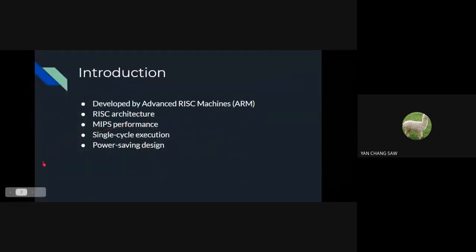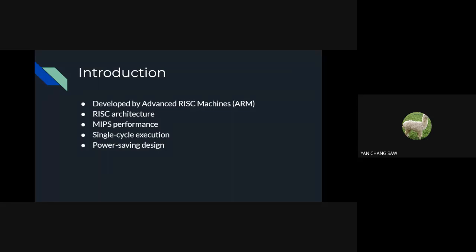Okay, move on to the introduction. Why is the ARM processor called ARM? This is because the ARM processor was developed by Advanced RISC Machines, ARM. The ARM processor uses a RISC architecture, which means reduced instruction set computer, and this architecture helps perform a smaller number of types of computer instructions.